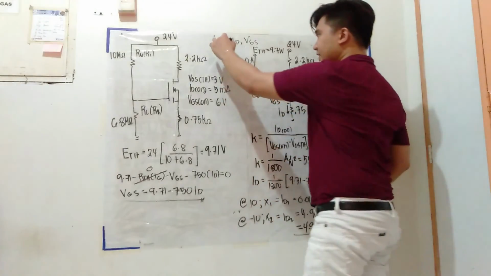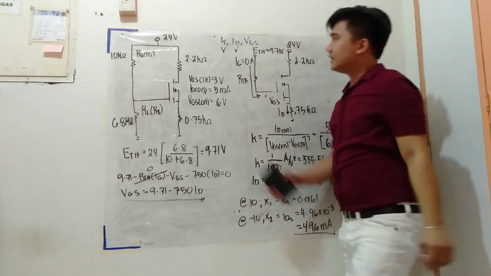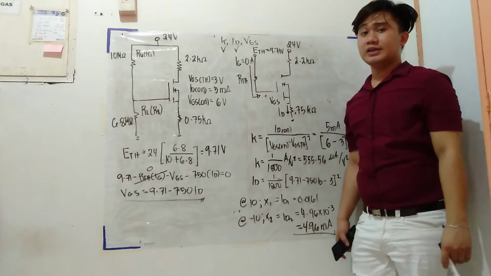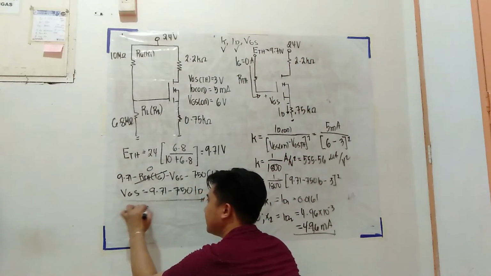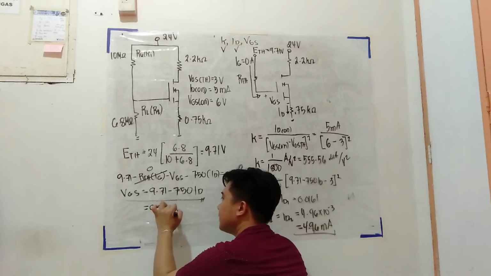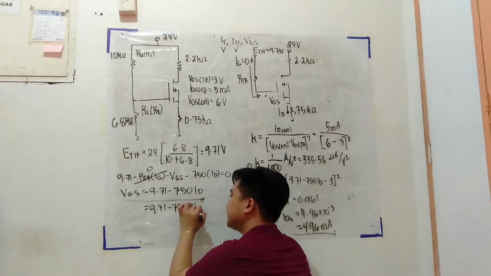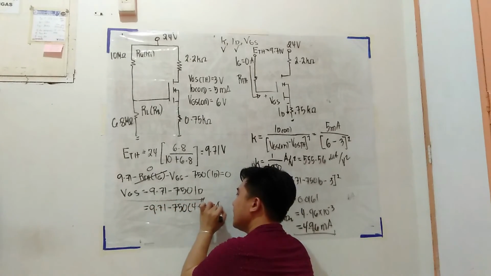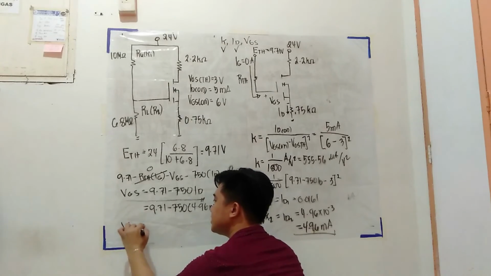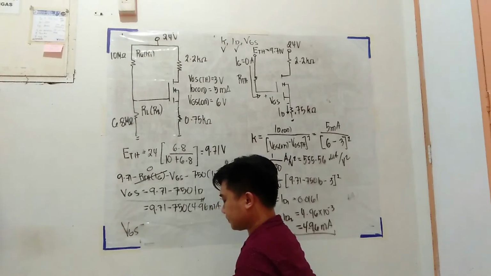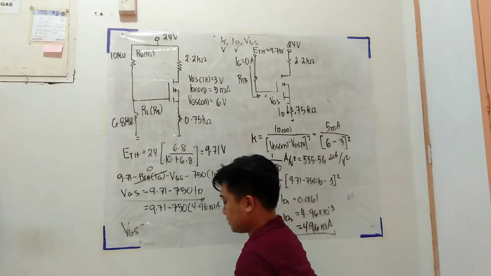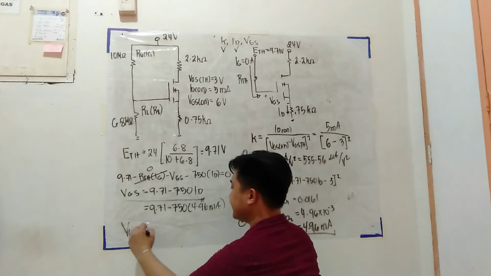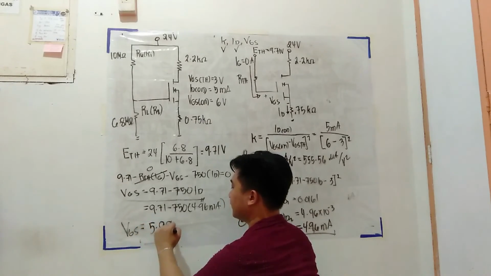So, we already have the value of K and ID. Now, it's the time to find the value of VGS using this equation. So, this is 9.71 minus 750 times 4.96 milliamperes, and you will find the value of VGS to be 5.99 volts.